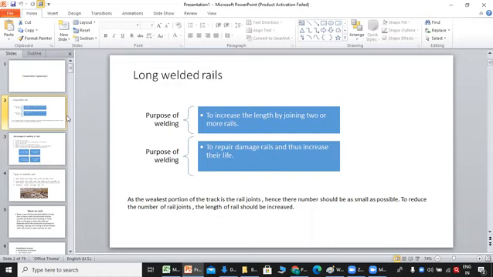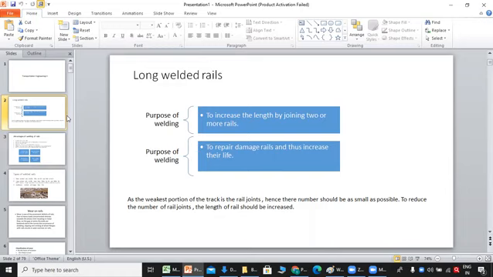Welding, all of you know how we weld. Electric welding or gas welding are the two types or methods of welding.